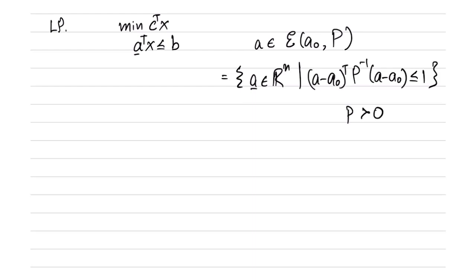Now this kind of uncertainty in a is different from what we have seen so far. We have only seen discrete possibilities for a. In this case, there are no discrete possibilities.